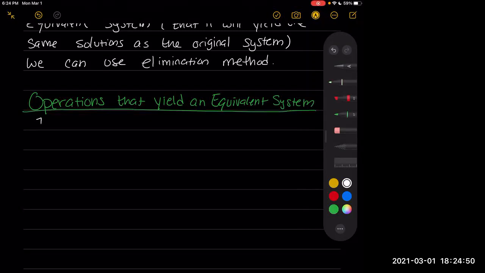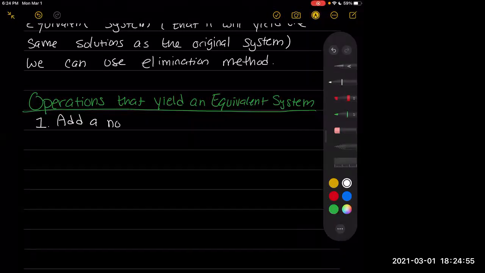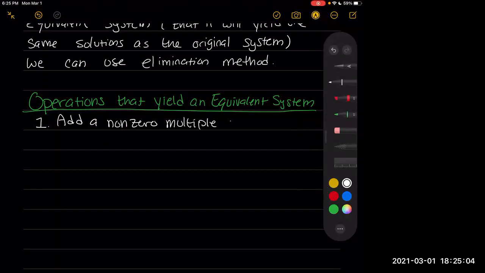So the first one is we can add a non-zero multiple of one equation to another, because just adding a 0 multiple is just adding 0. So we could theoretically add like 5 times equation 1 to equation 2, and that will still give us a system that works.